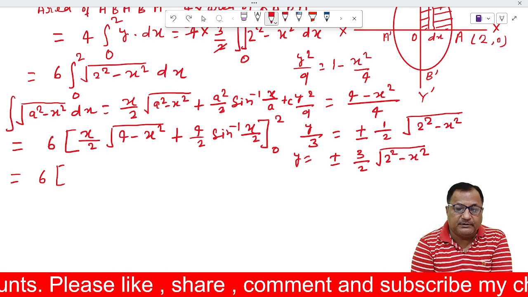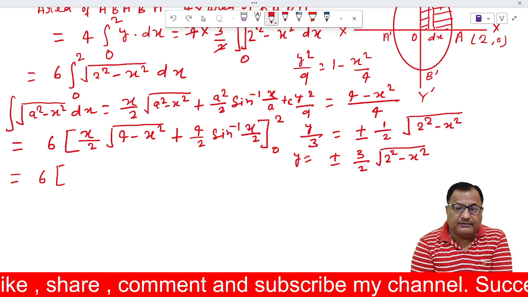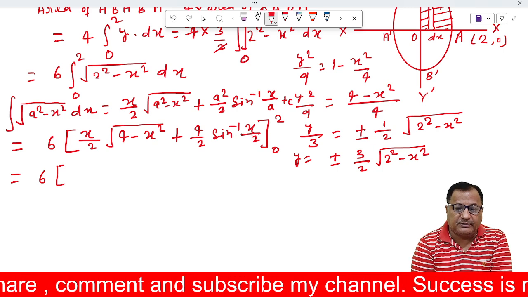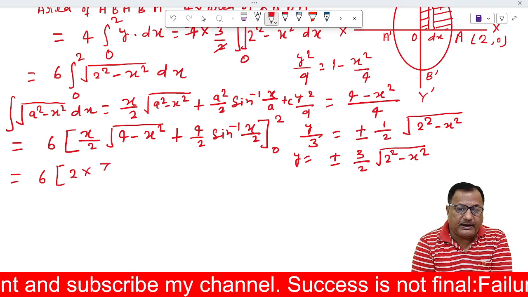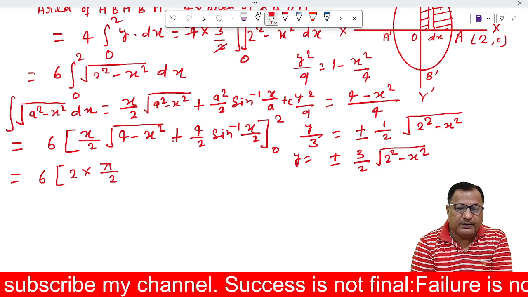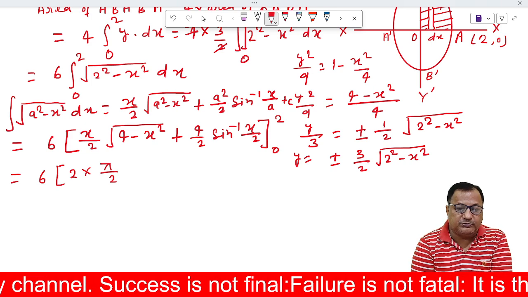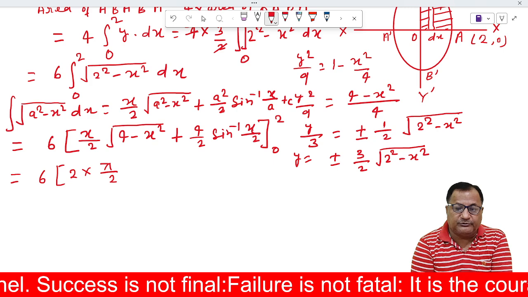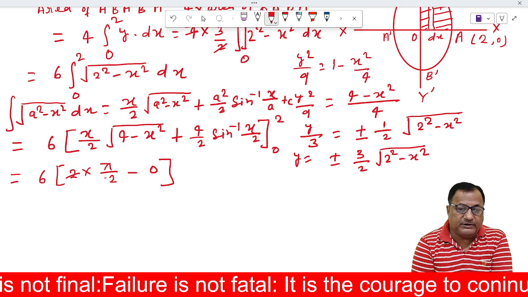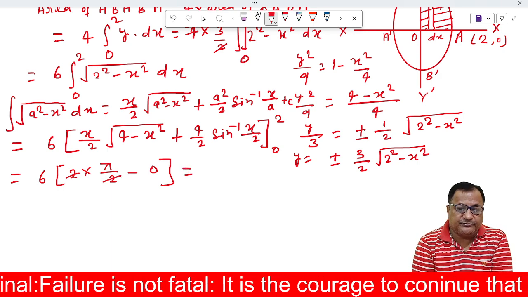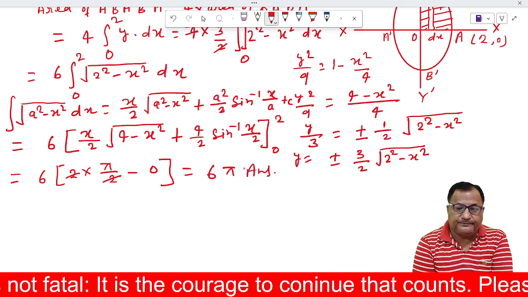And here will be 2 sine inverse 2 by 2, sine inverse 1 means pi by 2, so 2 into pi by 2. For the lower limit, if we put 0, the whole will be 0, and here will also be 0, so minus 0. This is 2 and 2 in fact, so this will be 6 pi. This is the answer.